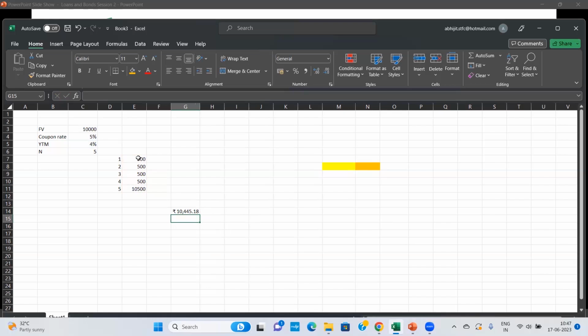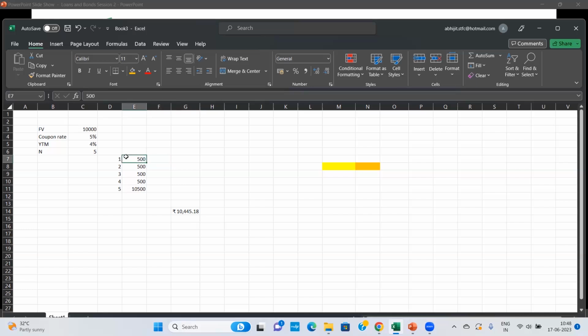Now, what is dirty price? Dirty price says that 5 years maturity time is there, but already 6 months is gone and no interest is being paid. Right? No interest is being paid. So what happens? Additional interest for 6 months is to be paid. So that comes to what?